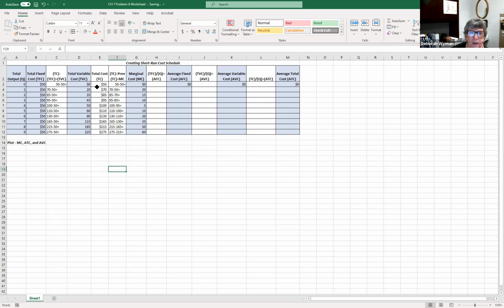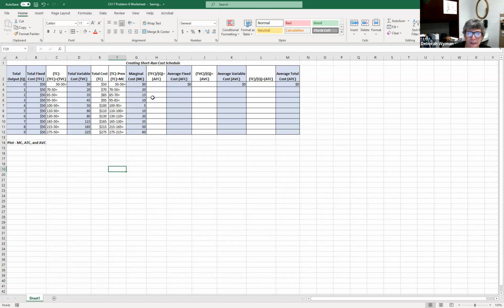So it's 70 minus 50, 85 minus 70, 95 minus 85, 100 minus 95, 110 minus 100, all the way down. And so then you get your marginal cost. So in this case, we have 20, 15, 10, 5, 10, 20, 35, 50, and 60.